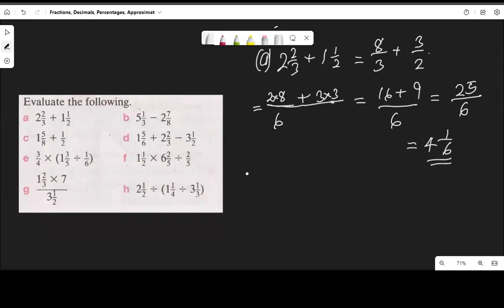And for question B, we have 5 whole number 1 over 3 minus 2 whole number 7 over 8.